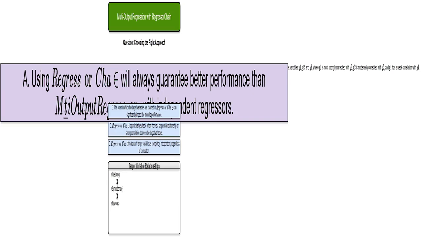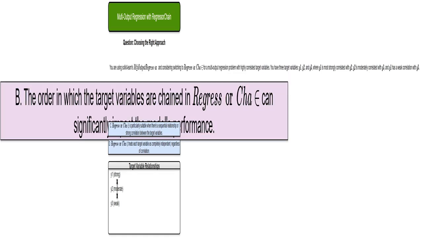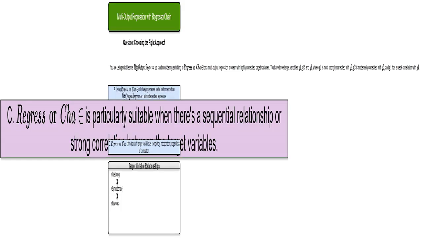Statement A claims that regressor chain always outperforms multi-output regressor. We'll analyze if this is true or false. Statement B suggests that the order matters in regressor chain. Let's explore whether the sequence of predictions influences the outcome. Statement C hypothesizes that regressor chain is especially useful when target variables are strongly related.